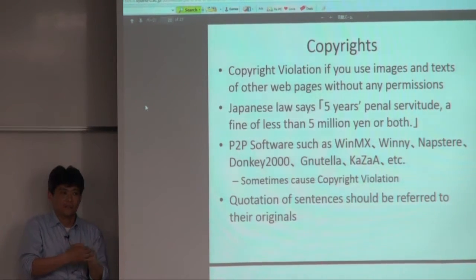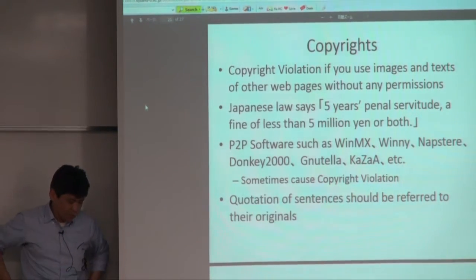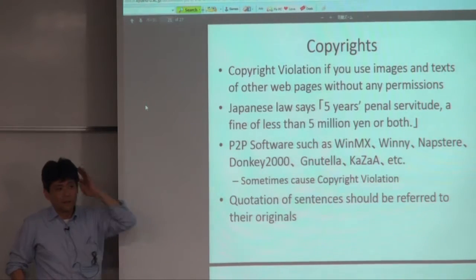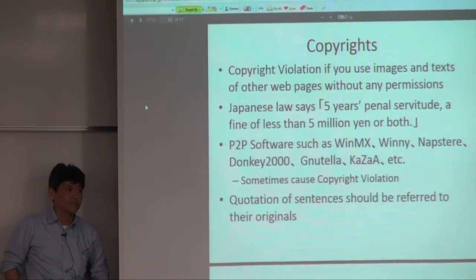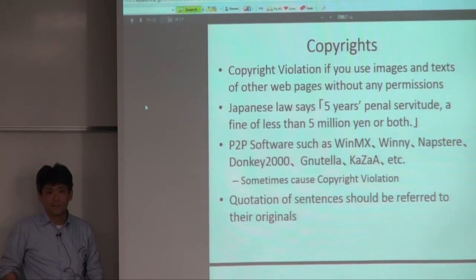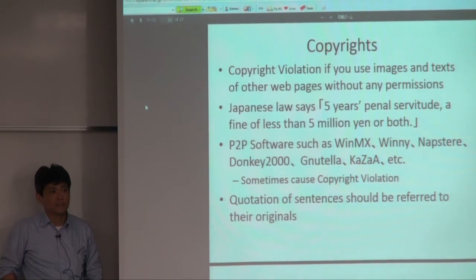Okay. So of course, if you use these softwares, the gateway server can find such activities. Okay. So the administrator of Kyushu University will give you a caution.